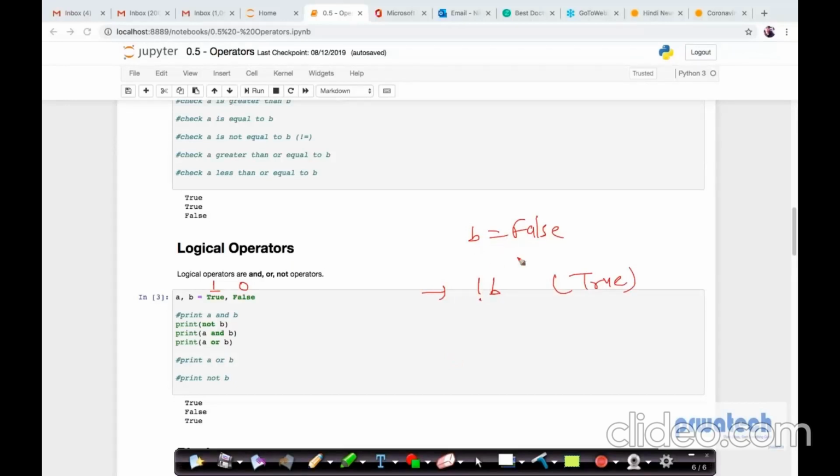If I make this B as true, the opposite of B will be false. So it is printing true. When I say print A and B, A is true, B is false. Both are not true, and whenever both are not true, we get a false. That's what the AND operator is. And when any condition is true, it is true. This is the OR operator. I hope it's clear how we are going to use these logical operators.